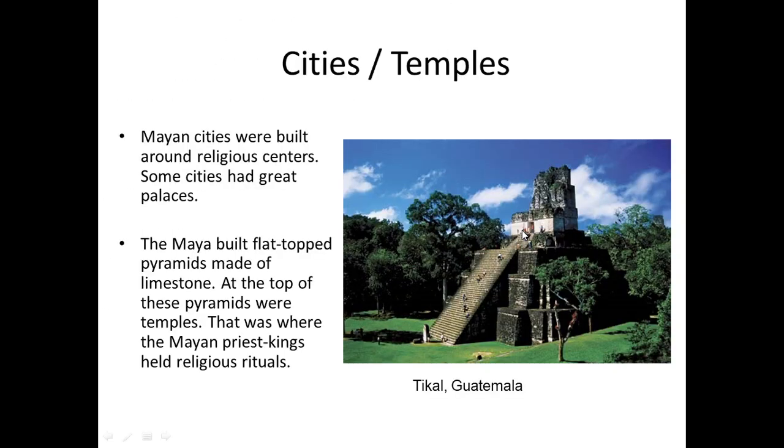Mas gusto nila mag-build ng mga high structure so that they will be more closer to God. Who is their God? Yan yung the Sun God. Para sa kanila kasi yung sun, yung nakikita ninyo ngayon sa labas, sobrang init, yan yung Diyos. So, pinipilit nilang gumawa ng mga tall structure so that they will be more close and their appeal will be heard by God.